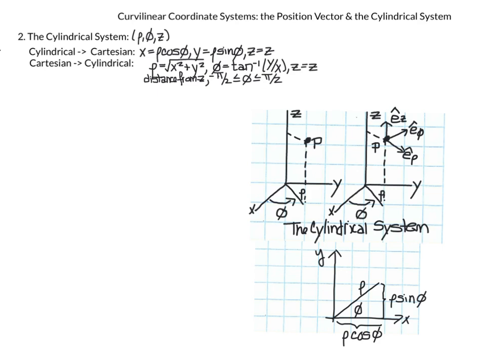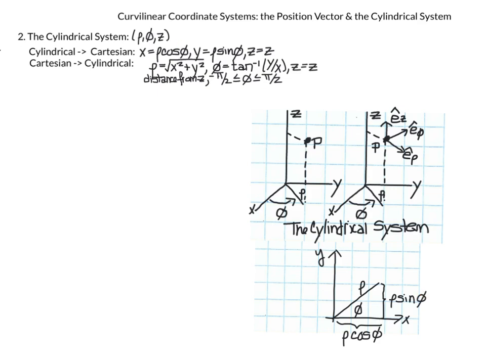You can derive these formulas for x and y, z is pretty easy, by looking in the xy plane, so looking at z equals 0. Again, this phi is the angle between the x-axis and our vector, and then our vector has length rho, so here we can see that y is equal to rho sine phi and x is equal to rho cosine phi.